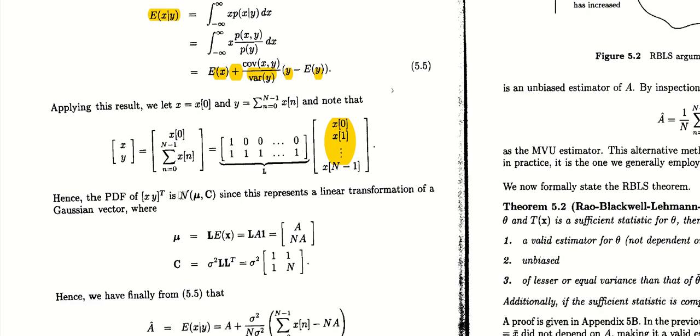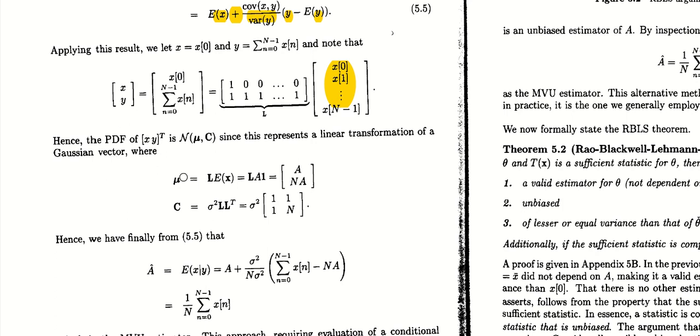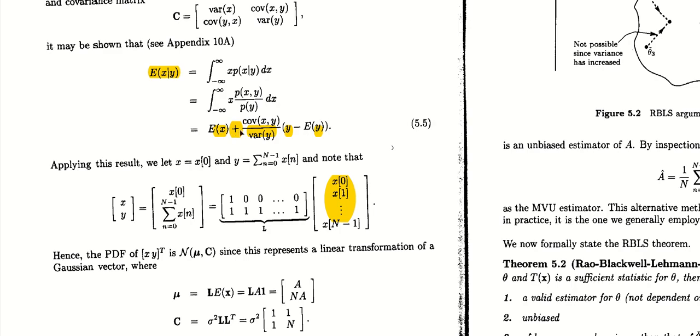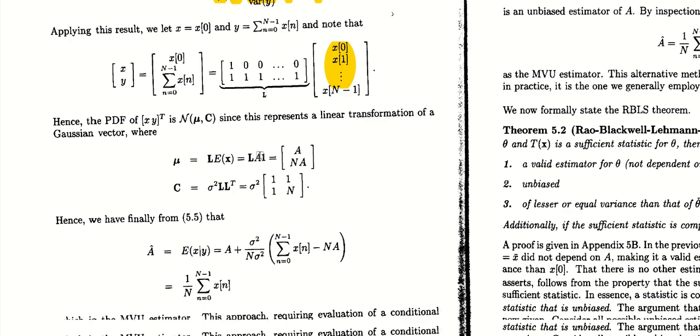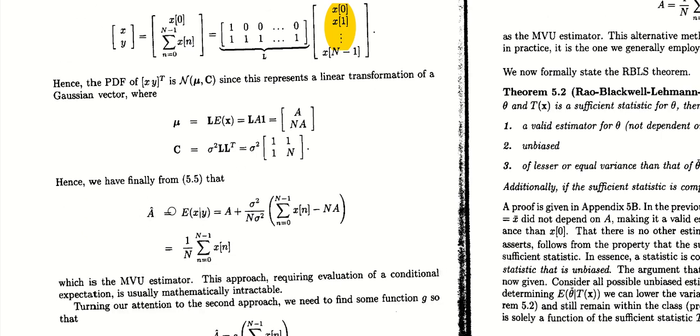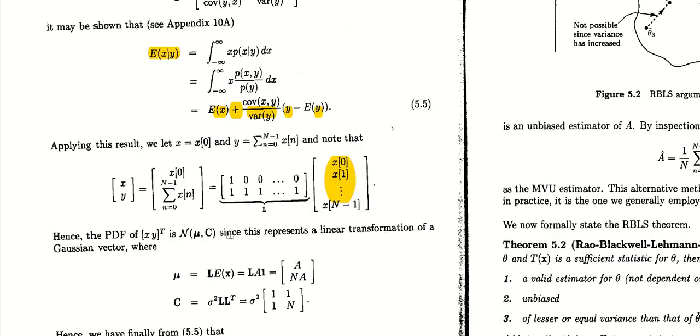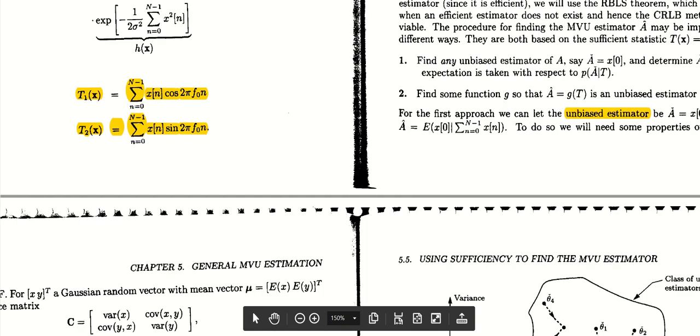Hence, the PDF is N(mu, C), since this represents a linear transformation of a Gaussian vector, where mu is equal to this and C equal to this. Notice that A check is equal to the expectation of this, equal to this multiplied by this, then we get this.